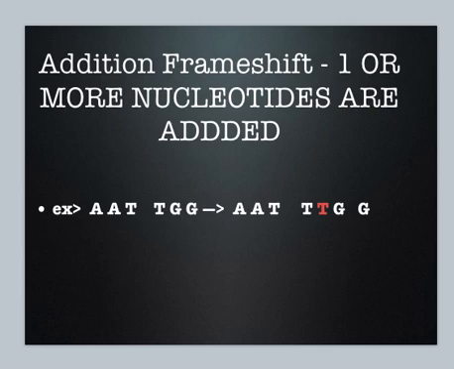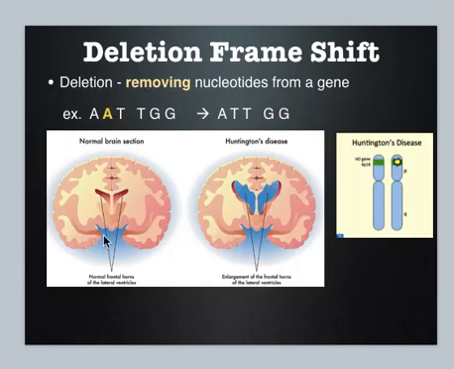Now, a deletion frame shift mutation is the opposite. That's when you remove a nucleotide from a gene. So here it is. You have AAT is the first codon, TGG is the second. After the mutation, the A becomes a T. So now AAT becomes ATT. Well, ATT in DNA language happens to mean stop.